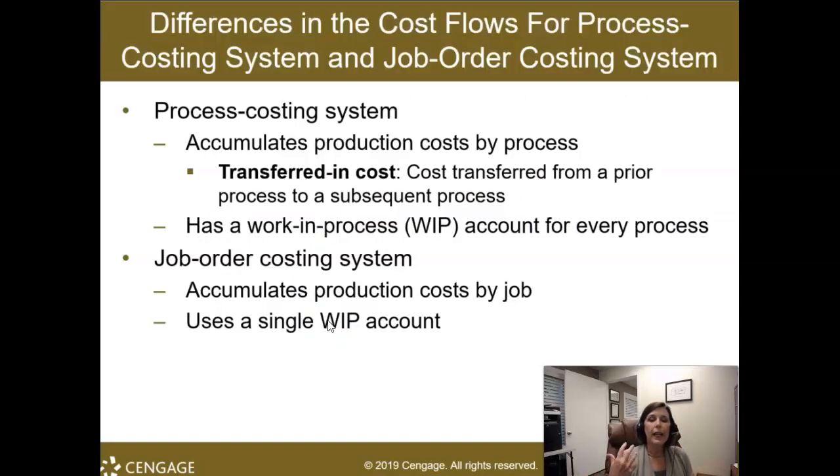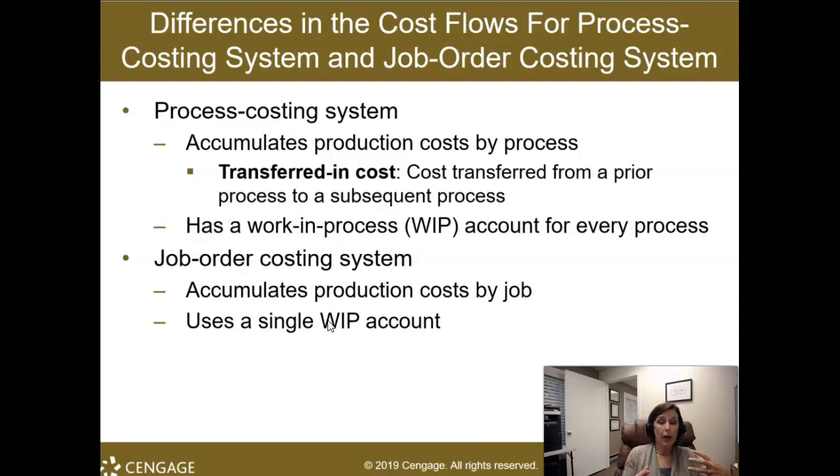And so again, just to define the differences between the process costing system and the job costing system. In our job costing system, we had a single work in process account, and our costs are accumulated on a per job basis.